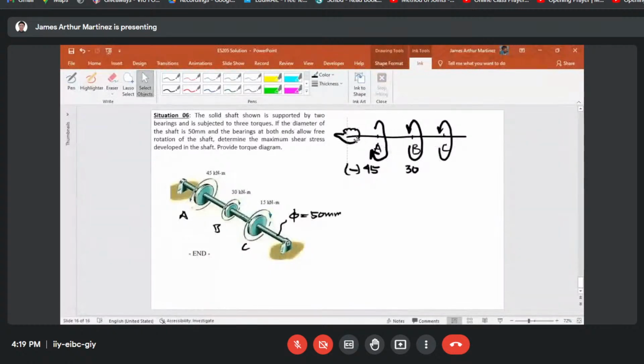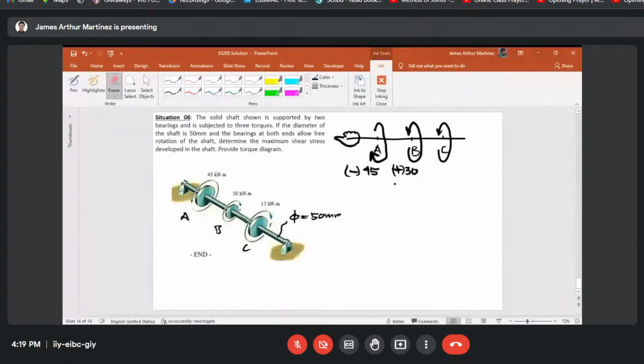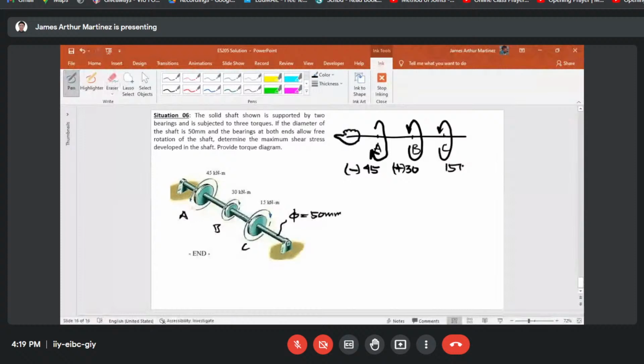And also for point C, the 15 kilonewton meters torque, positive sign convention also, right?